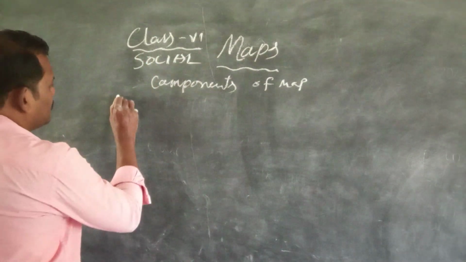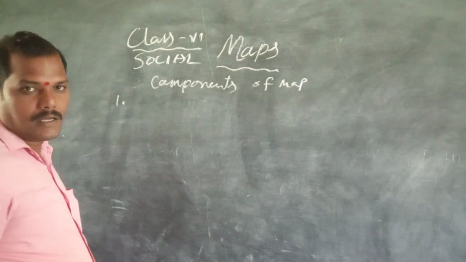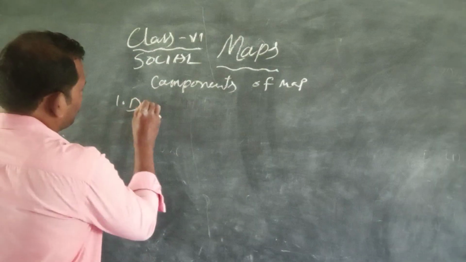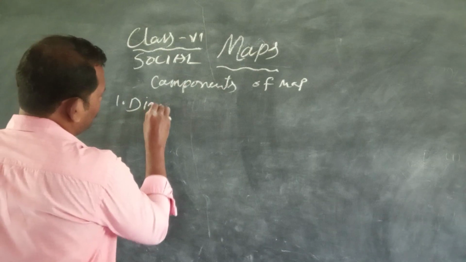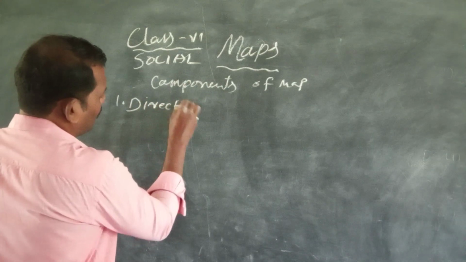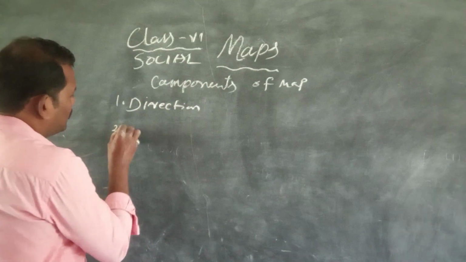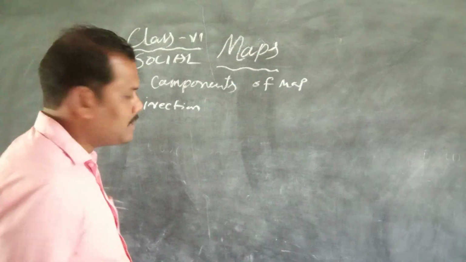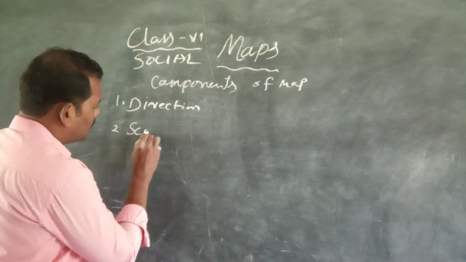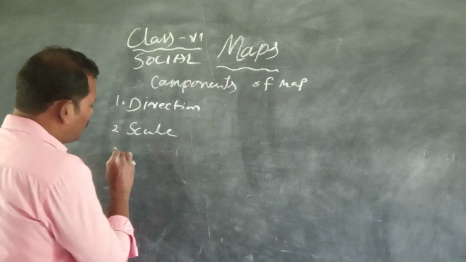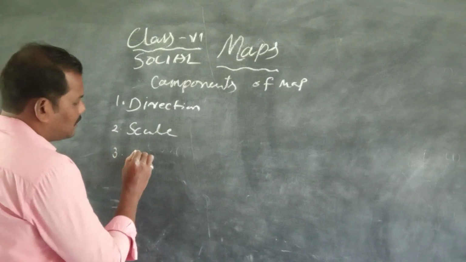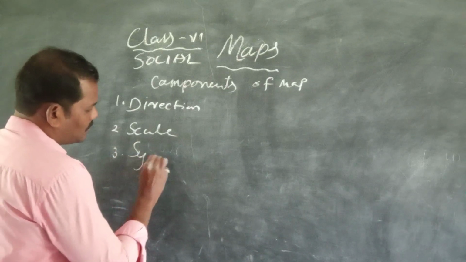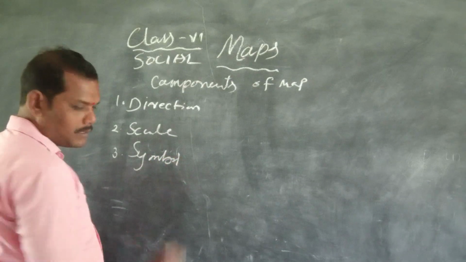First one is directions. Second one is scale. Third one is symbols.